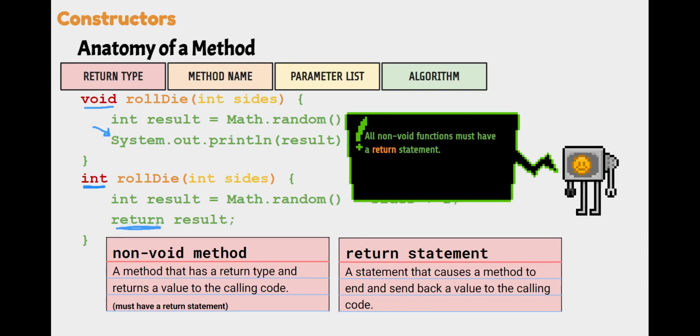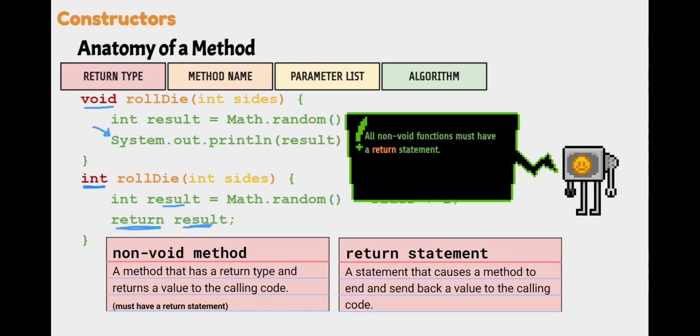The return statement is a statement that causes a method to end, and this is how we send back the information to the calling code. So this method is still going to calculate a result, but instead of putting it out to the screen, we are just going to return that result to whoever is using this method, and they can decide what to do with that information.